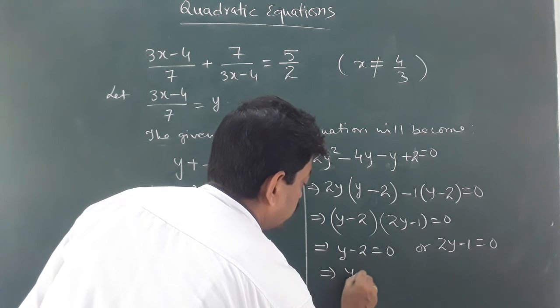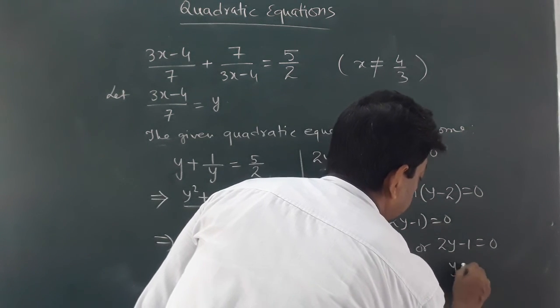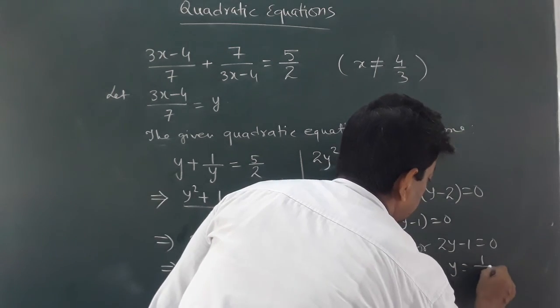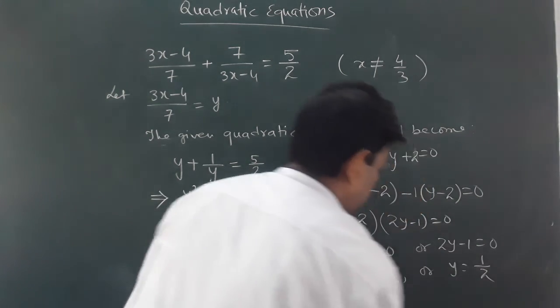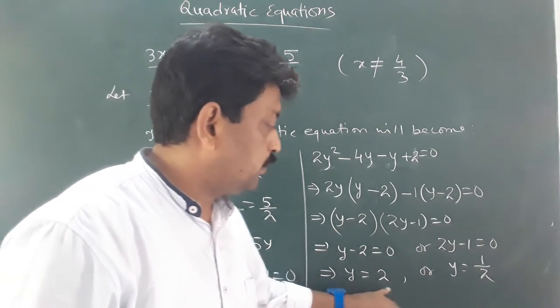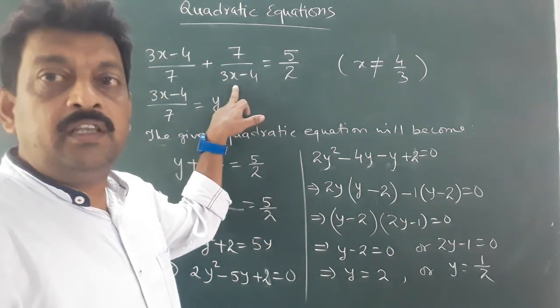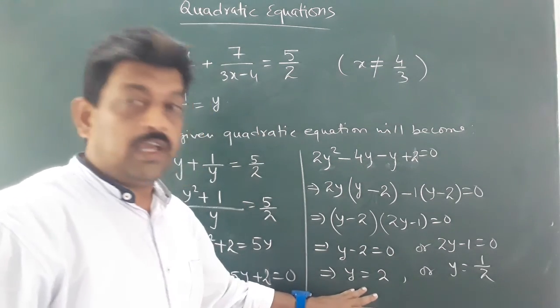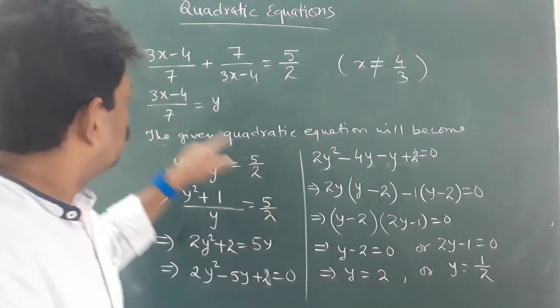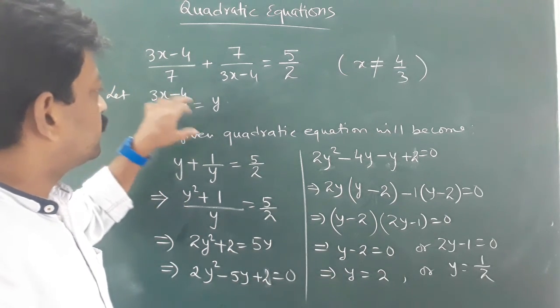So from here we will get y equals 2, and here we will get y equals, this minus sign will become plus sign, and 2 will become denominator. So we are getting two values of y, 2 and 1 upon 2. But the quadratic equation was in x, so we have to replace y with this one, because we have taken (3x minus 4) upon 7 as y.